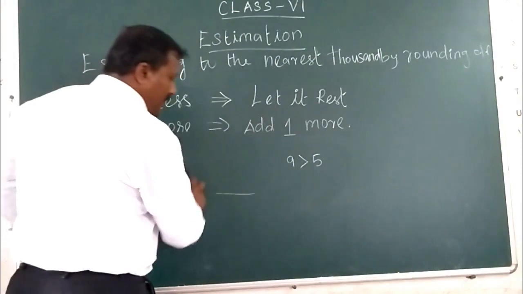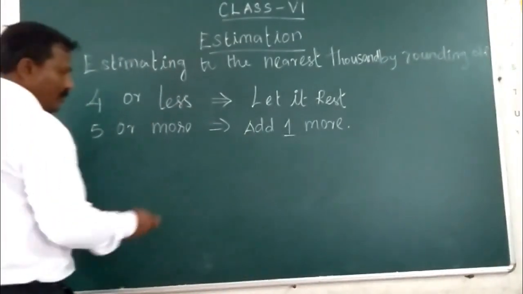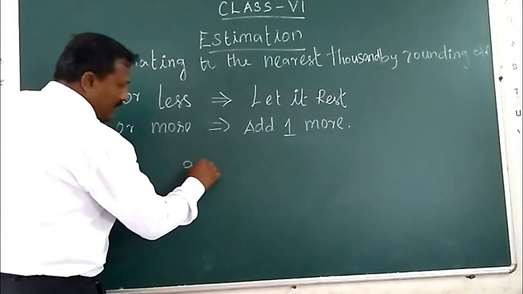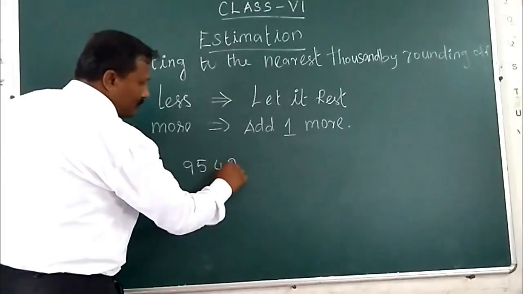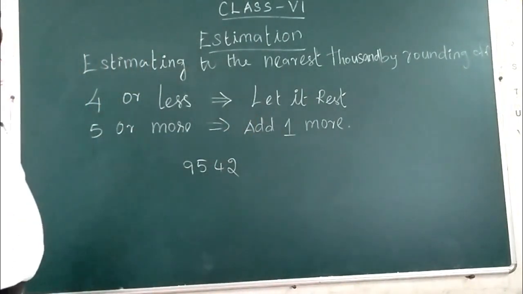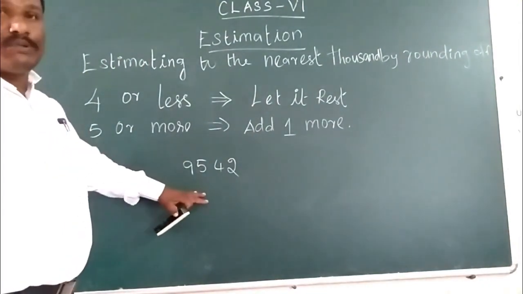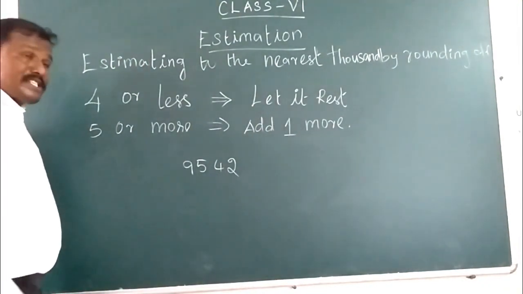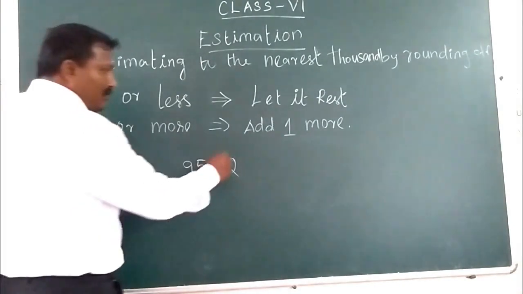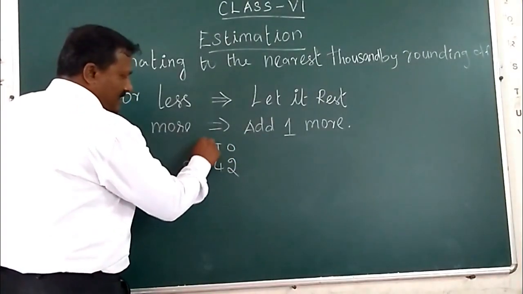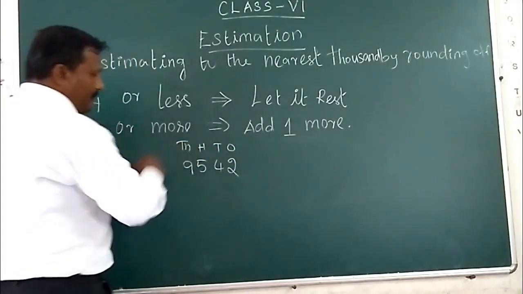Let me take another example. 9542. We need to round to the nearest thousand. For that, the first step is to put the place values: ones, tens, hundred, thousand.